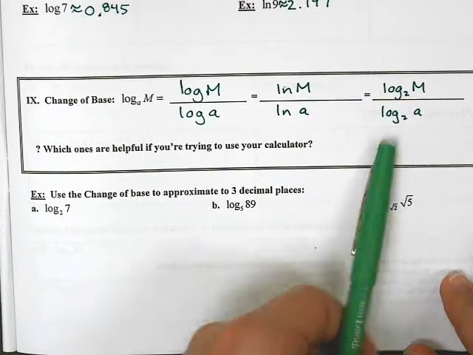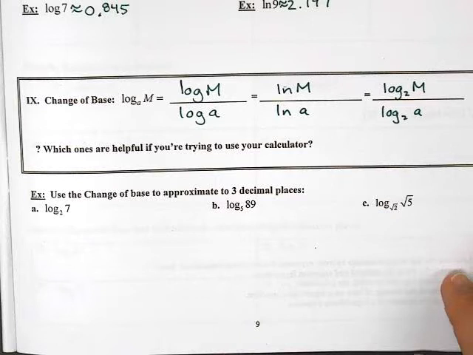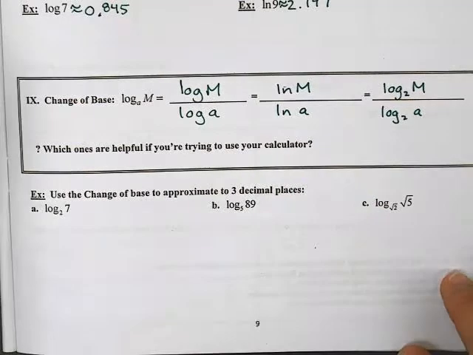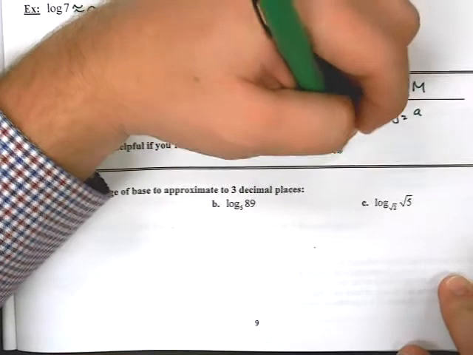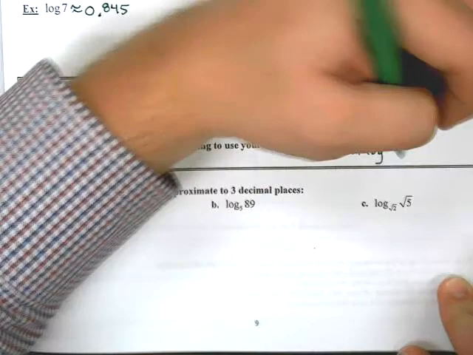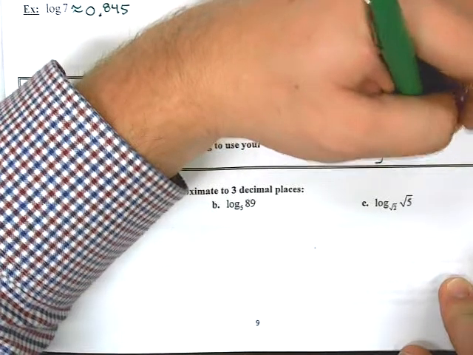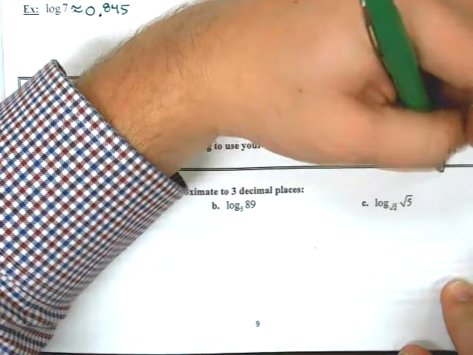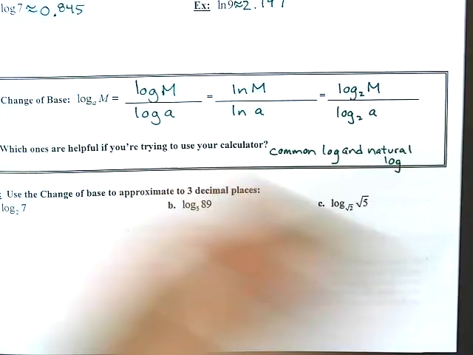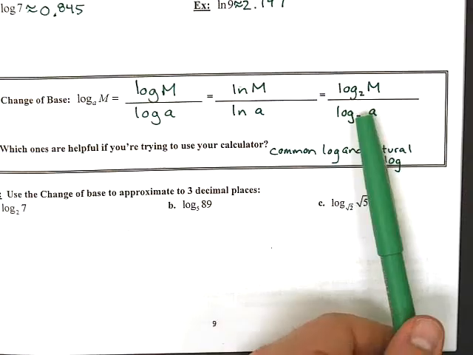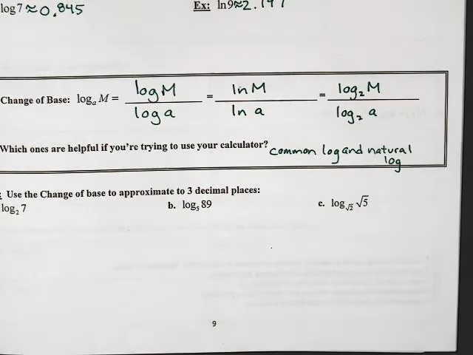So which ones could we use on the calculator? Common log and natural log. This third one would not be so helpful for the calculator.